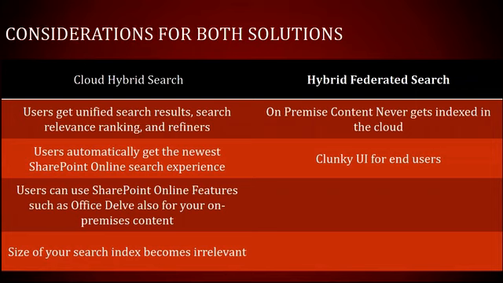If content is in the search index in the cloud, then all the cloud features which are not available with SharePoint on-prem are also by default available. So Delve works. Other things, if you had content publishing through search by query web parts, things like that would work, which would not work in your hybrid federated search environment.